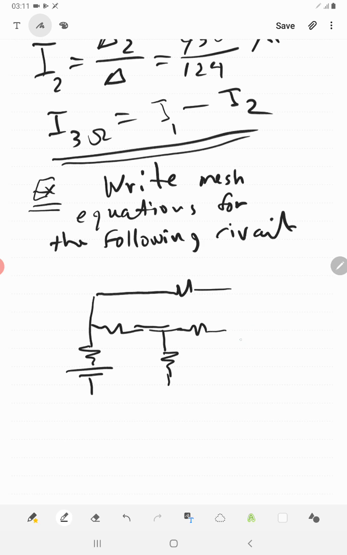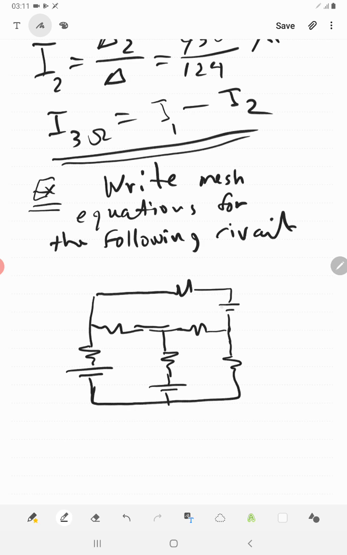Okay, let's have a battery source here, a battery source here, and let's say a resistor here.